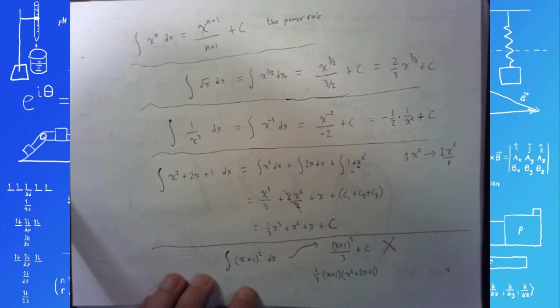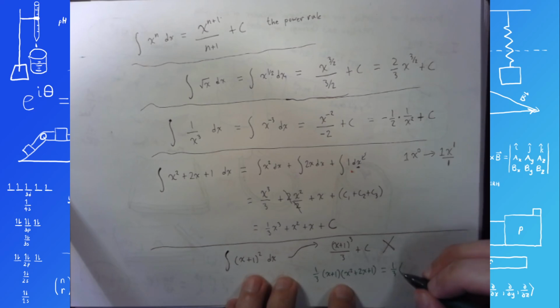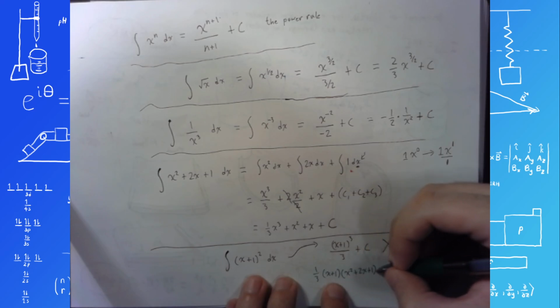And if I go ahead and distribute the x, I will get, let's see, 1/3 and then x times x squared is x cubed plus, that's going to be 2x squared, and then x times 1 is just going to be plus x. And then all that plus 1 times x squared plus 2x plus 1.